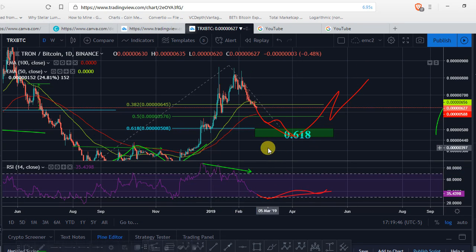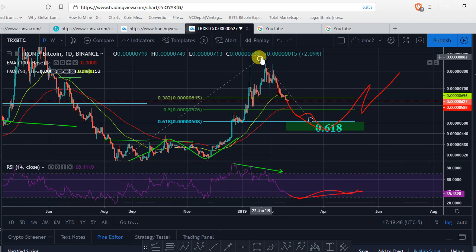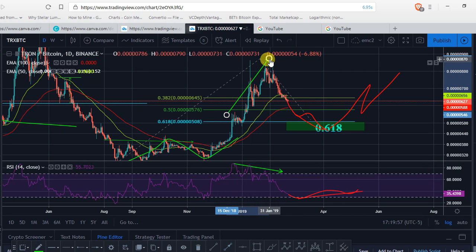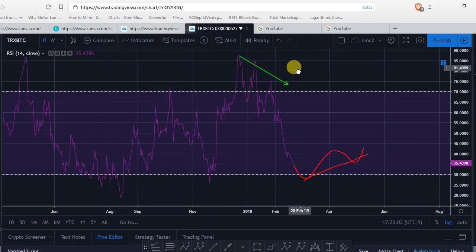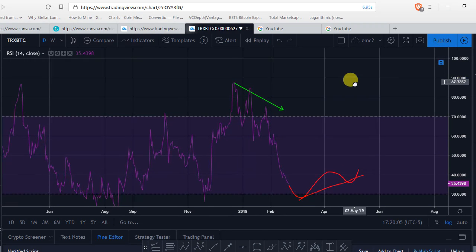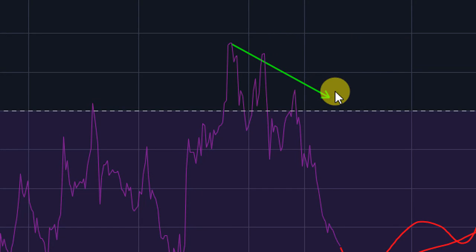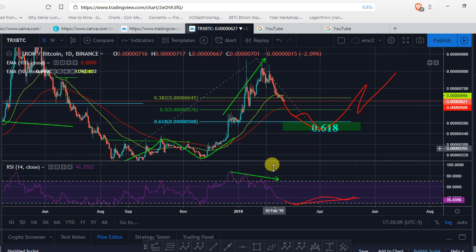And then we clearly got this divergence. It's not a secret, right? You got this to the upside, you got that to the upside, and then you got this divergence to the downside. So it's clearly a good indication of price slowing down. Basically, that's what I'm trying to say.